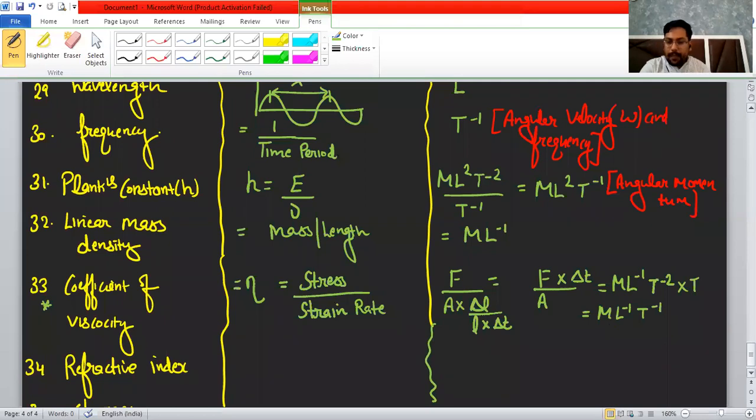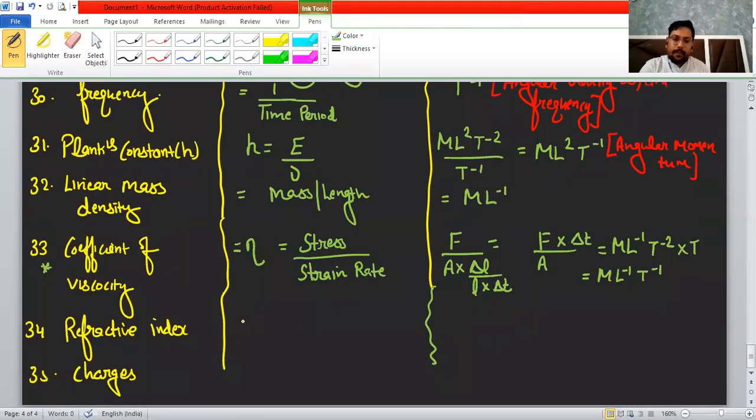Next term is refractive index. Refractive index, we have studied in class 10, is the ratio of speed of light in vacuum to the speed of light in some medium.